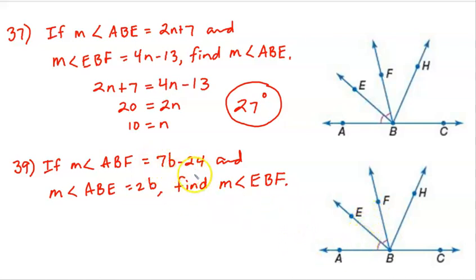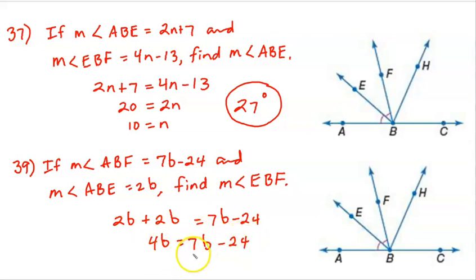So if ABF, the whole angle, is 7b minus 24, and we know ABE is 2b, then that means EBF also has to be 2b. So we can set up an equation that looks like this. 2 plus 2 is 4b. And I'll just go ahead and subtract 7b from both sides. So the value of b is 8.